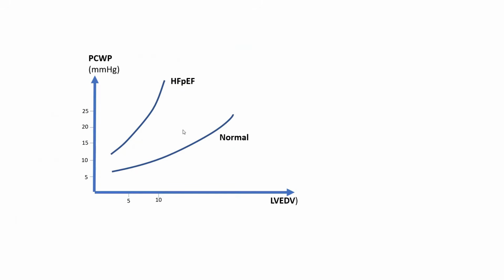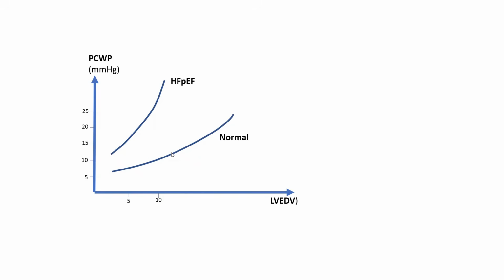And you may see on this pressure volume relationship between preload and wedge pressure that even normal individuals, if you raise their preload enough with high output states, will get some rise in wedge pressure. In younger individuals, you may get a rise in wedge pressure of 15 to 20 millimeters of mercury.